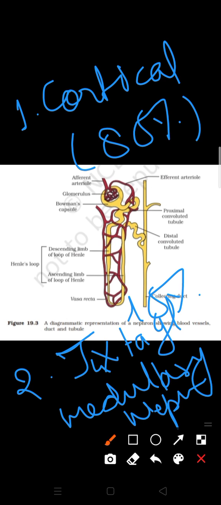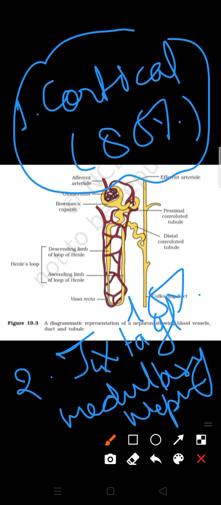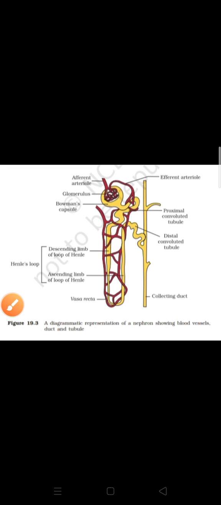So firstly we will discuss the cortical nephron. Actually it covers the larger part, so basically we will read about the cortical nephrons. Each cortical nephron is composed of two parts.